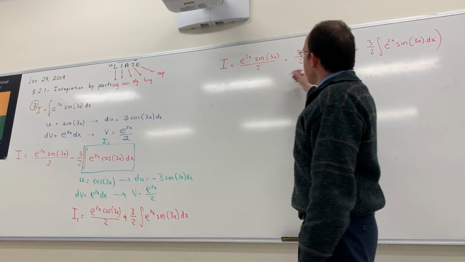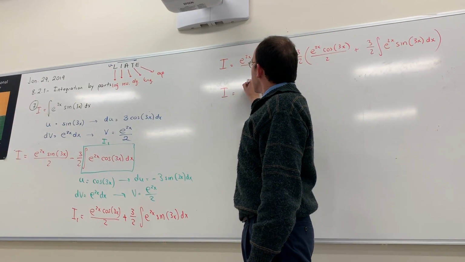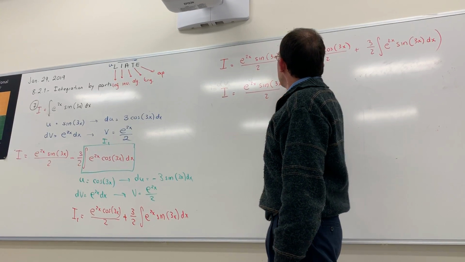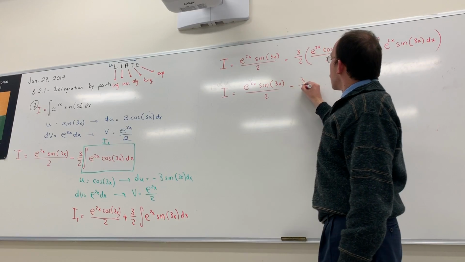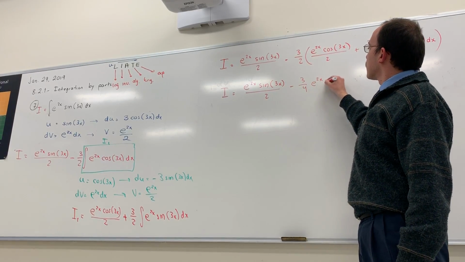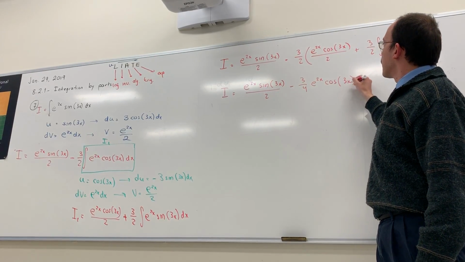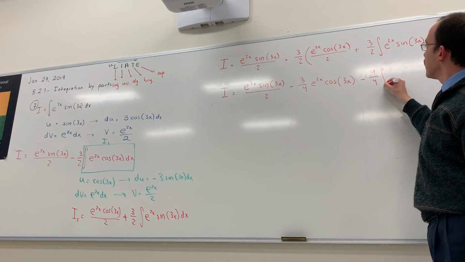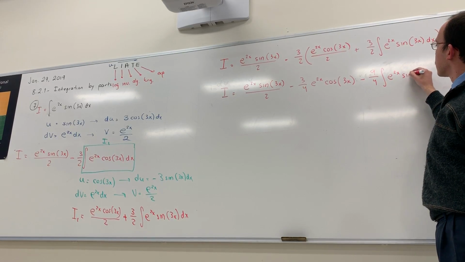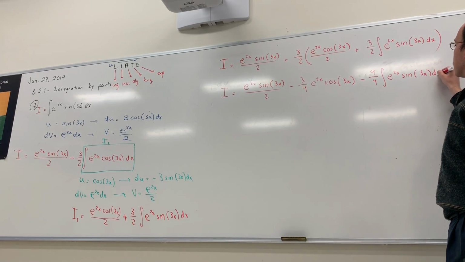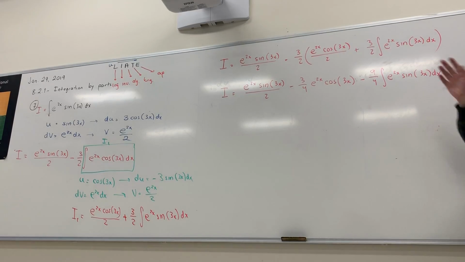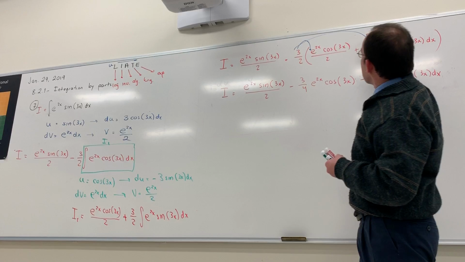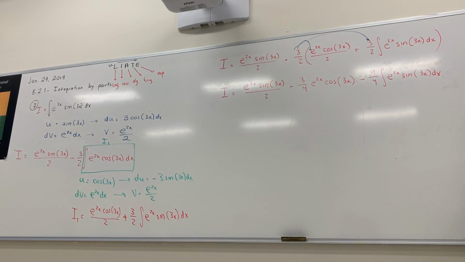We're going to get rid of the parentheses. So, e to the 2x sine of 3x over 2 minus 3/4 e to the 2x cosine of 3x, minus times minus, plus, 9/4 integral of e to the 2x sine of 3x dx. I just multiply. Now what?